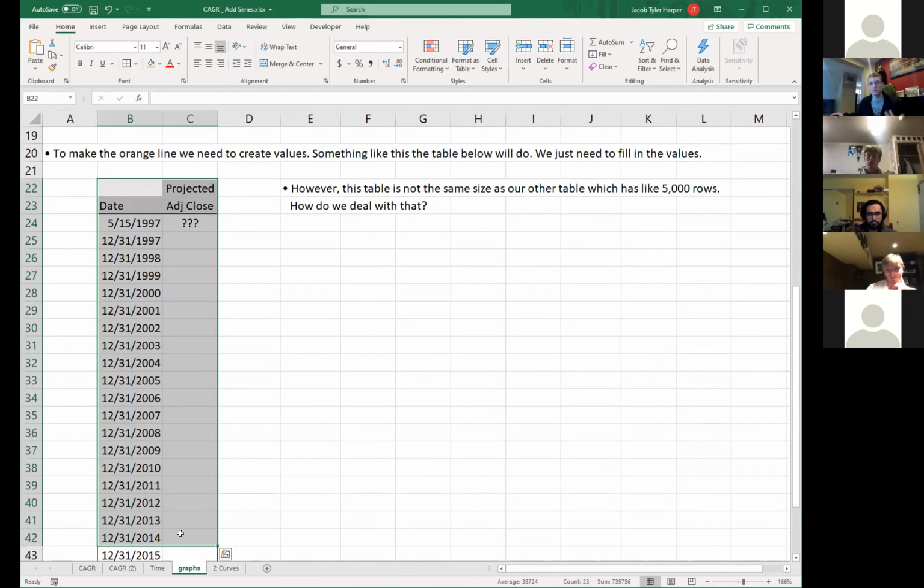You're going to have to use that formula to project some adjusted close into the future, so it grows at this smooth rate. And then you're going to have to add this curve to the graph. Okay, mathematically, we know how to do that. We saw the formula. However, this does require us to learn a new graphing technique, and I'll show you why.